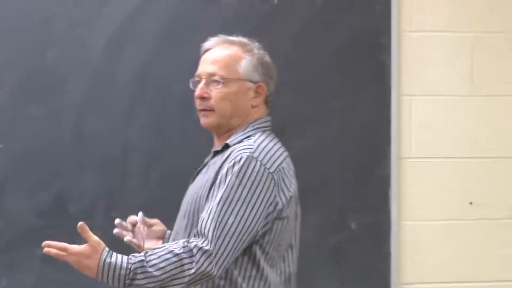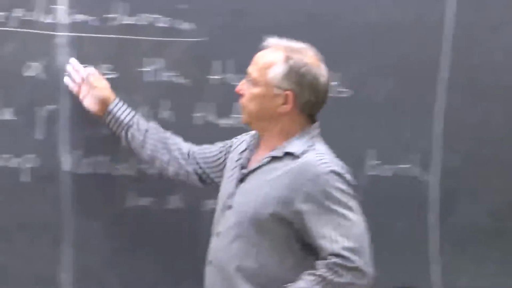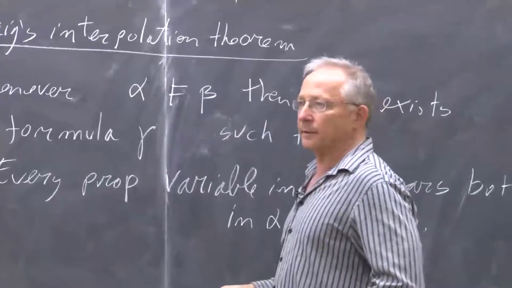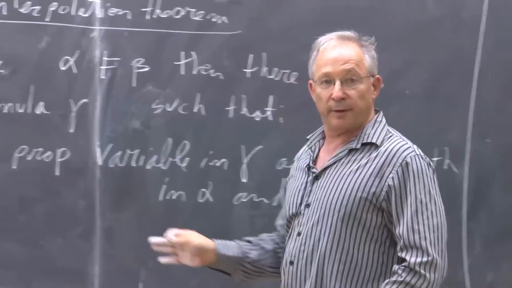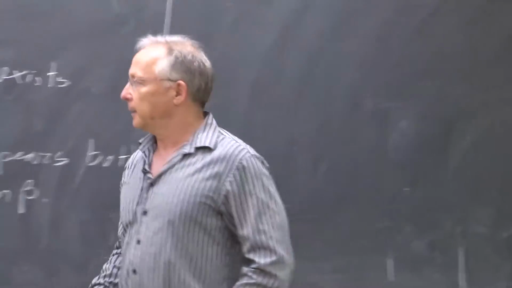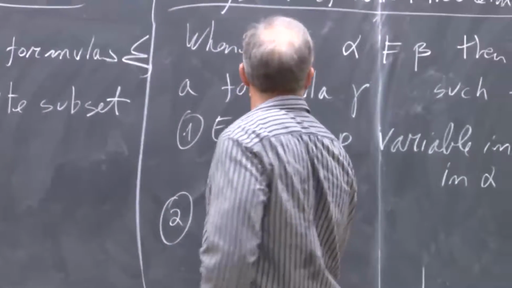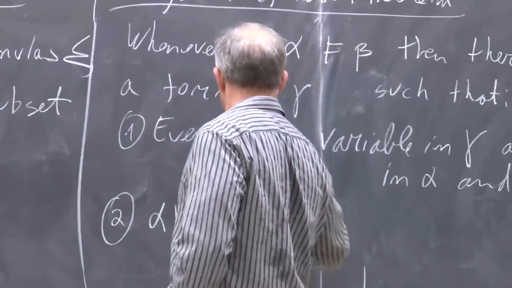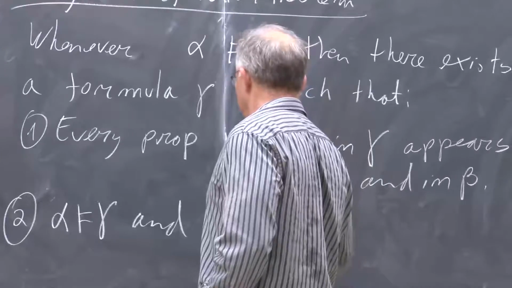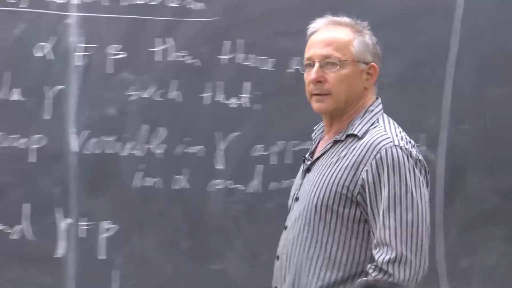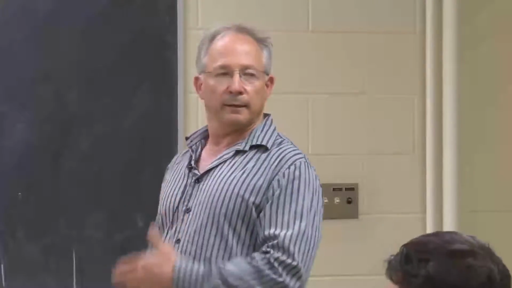Alpha may have different variables and beta may have different variables, but gamma should have only variables that appear in both of them. And two, alpha logically implies gamma, and gamma logically implies beta. That's why it's called the interpolation theorem. I can stick something in between that only talks about the variables common to both alpha and beta.